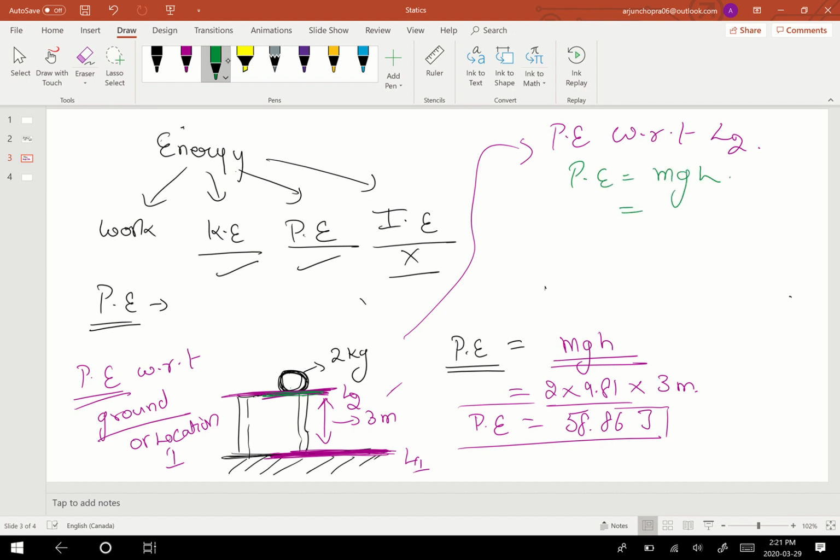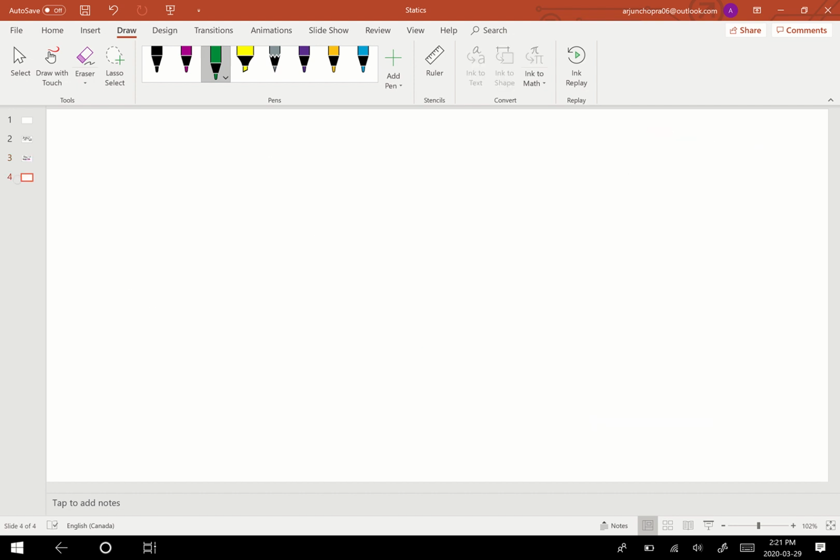So mass is 2 kgs times 9.81 times the height with respect to this location, which is how much? 0. So the potential energy with respect to that location becomes 0. So did you understand why this location is important? This location will tell me how much potential energy is in an object with respect to that particular point.